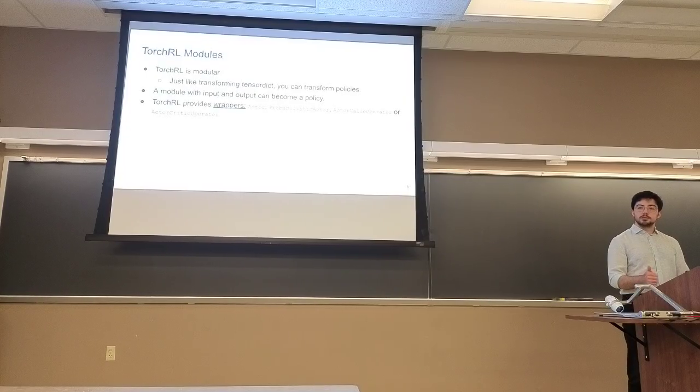So TorchRL provides us with some wrappers, like actor and probabilistic actor, that automatically wrap my network into a policy. I also have networks that I can use, a standard MLP, a convolution network, or an LSTM module. These are also all wrapped for TorchRL so that they can function with TensorDict. Let's say I want to do a DQN and I want to do some exploration, I can have an e-greedy module added into this, and many other things.